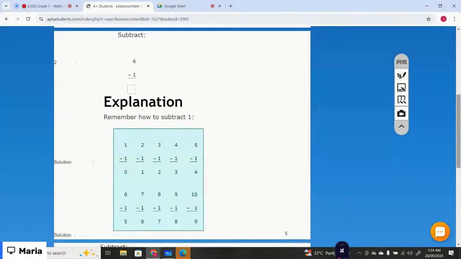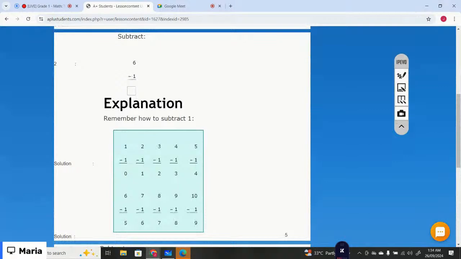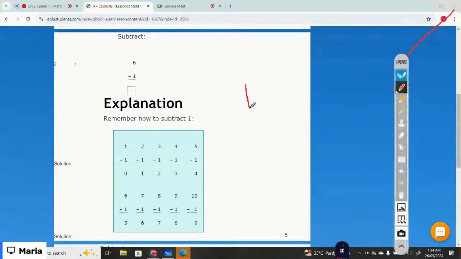Just look at the next one, 6 take away 1. You can make 6 lines, 1, 2, 3, 4, 5, 6, and cross one of the lines. Now you can count the lines that are not crossed. So 5 of them are not crossed. So subtracting 1 means you move back one digit, right? So 6 take away 1 is 5.